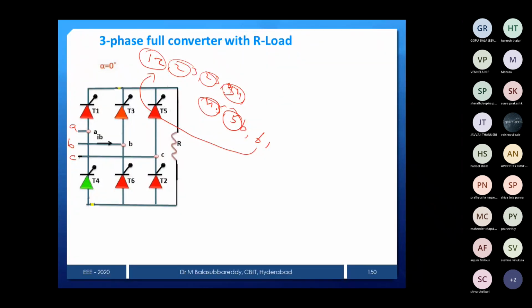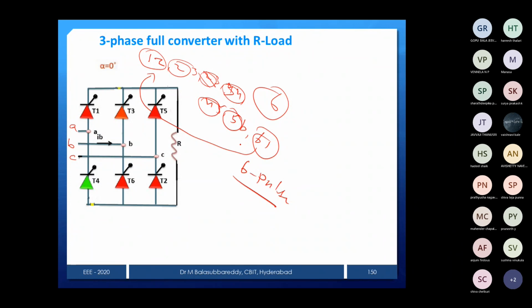So these are the 6 devices. We'll start 1 2, 2 3 here, then 3 4, 4 5, 5 6, 6 1. So these are the total 6 intervals. What is the meaning of that? 6 pulses will be obtained in the output.